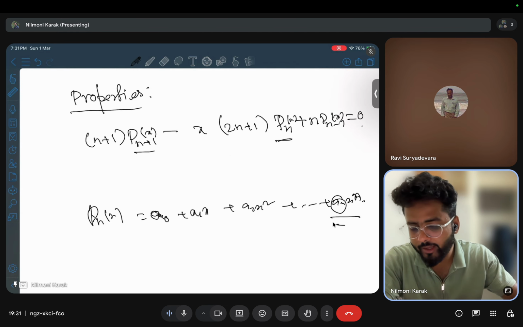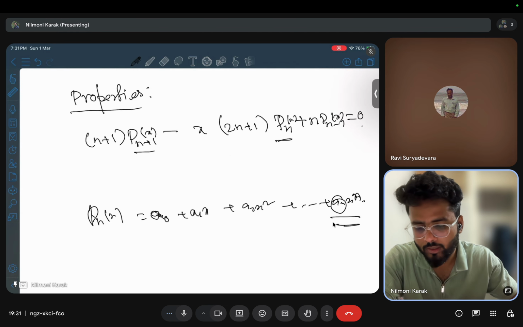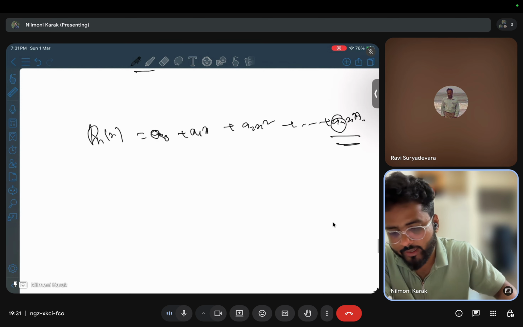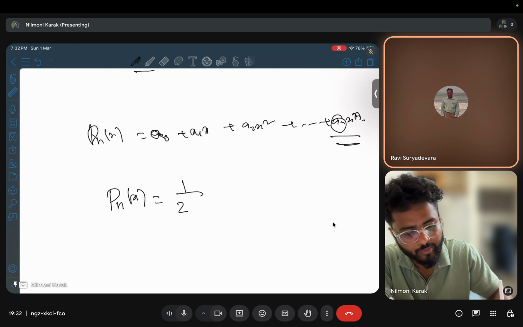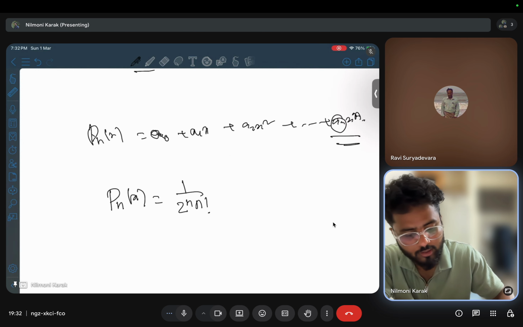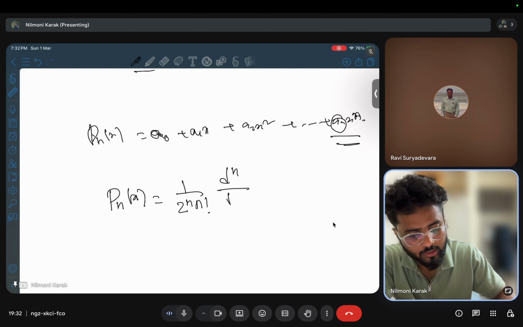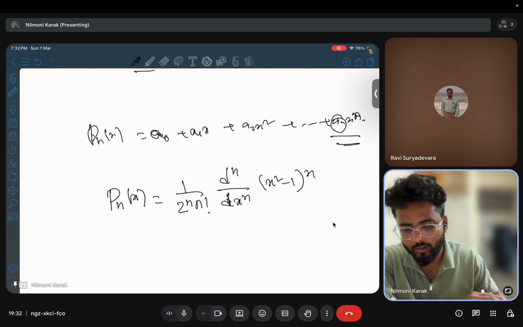So can you find this a_n? Let us check. P_n(x) is 1 by 2 to the power n factorial, d^n/dx^n of (x square minus 1) to the power n.